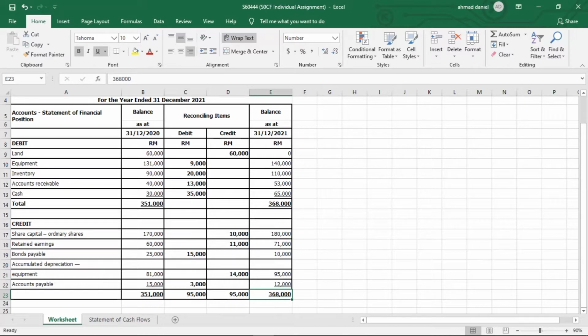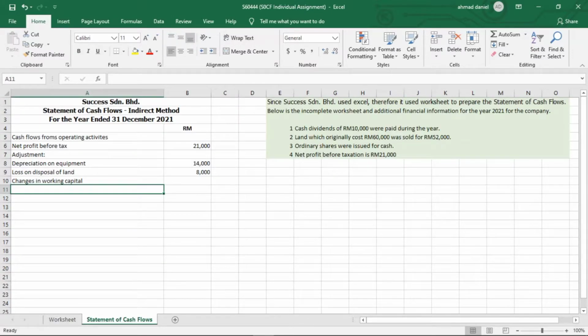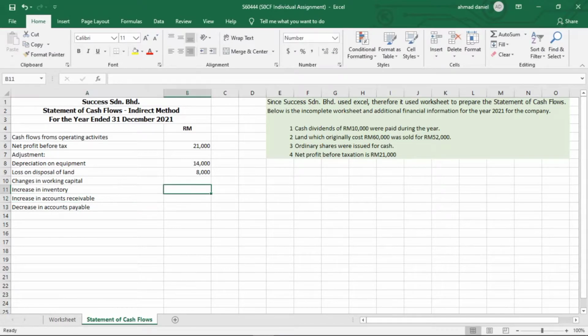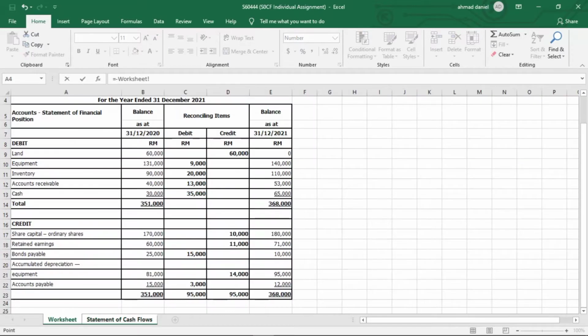Accounts payable is decreased, so we also deduct it. We just take the amount from the reconciling item.